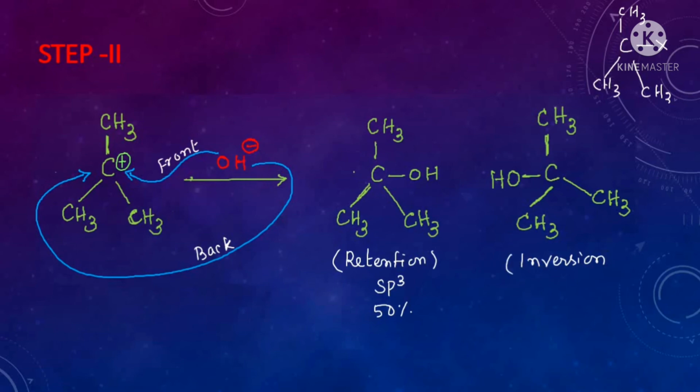Okay, so here also the same sp3 hybridization we are having, and the structure will be a tetrahedral structure. Okay, so the geometry is tetrahedral. Okay, here also we will be having 50%. So this type of product is called a racemic mixture. Okay, what's the name of the product? See, it's a mixture of two products, right? So it is called a racemic mixture.